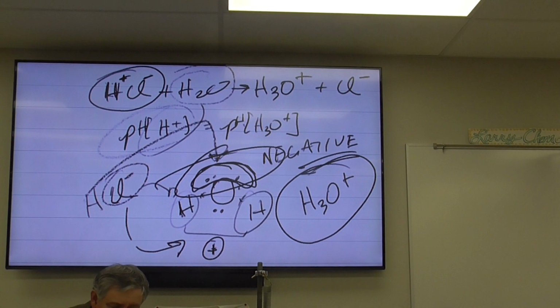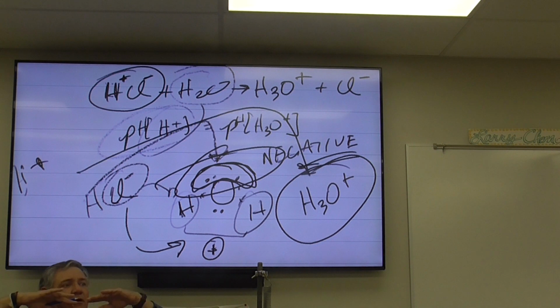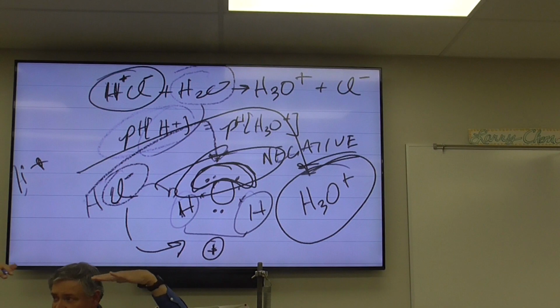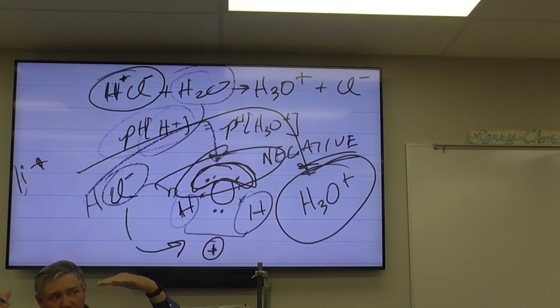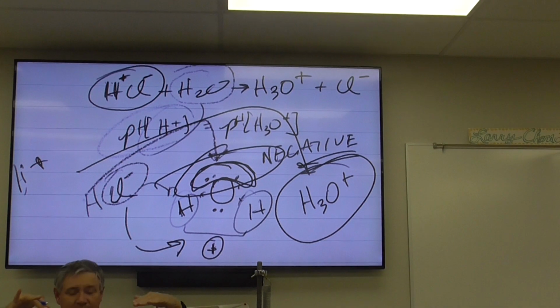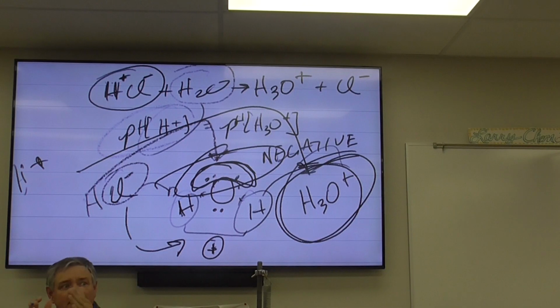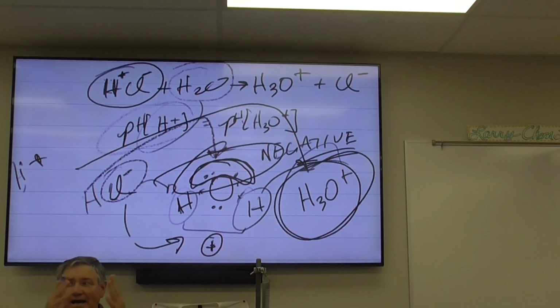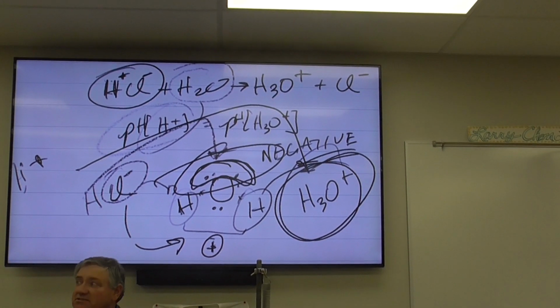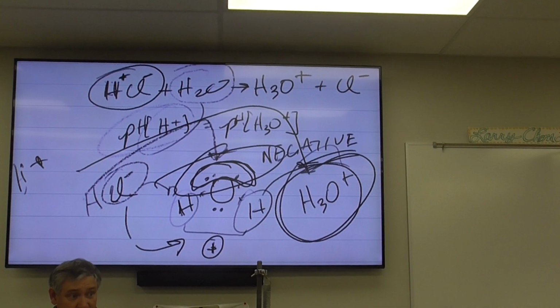So H plus and H3O plus, from a chemical perspective, mean the exact same thing. Technically, the H3O plus is more chemically correct because that's how it actually exists on a molecular level, okay?